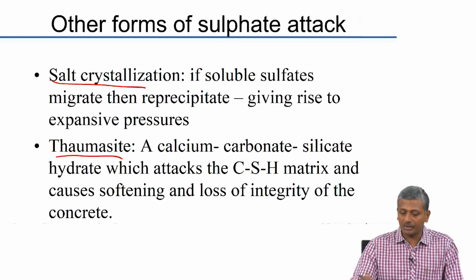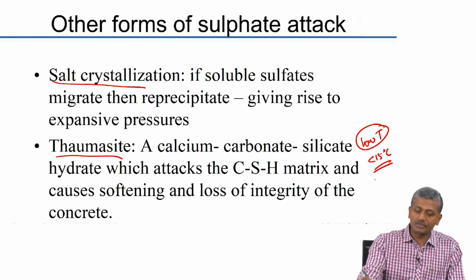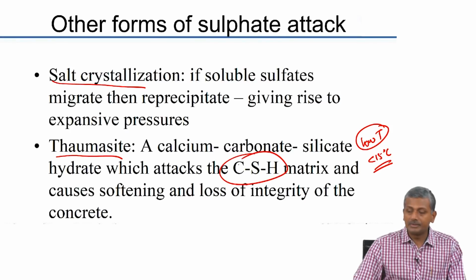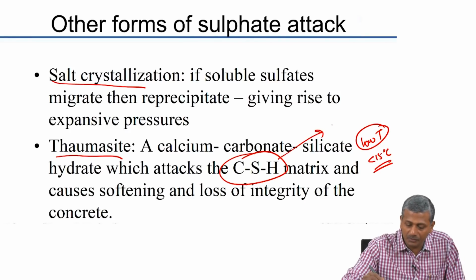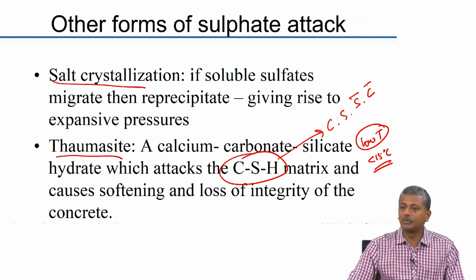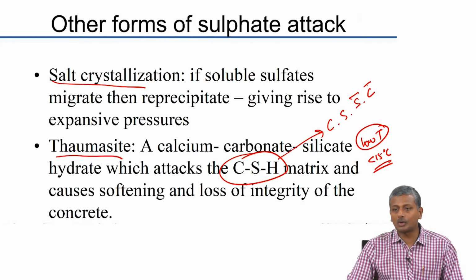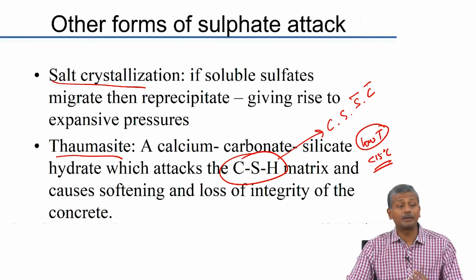So, especially when you have low temperature conditions, less than 15 degrees, you can have a lot of chances of thaumasite forming, and this thaumasite attack actually happens directly on the CSH. So, you convert CSH into thaumasite, which is your calcium silicate sulphate carbonate. Okay. Complicated formula, but essentially the CSH is getting converted into thaumasite, and this thaumasite has absolutely no binding strength whatsoever, and it turns your concrete completely into mush.